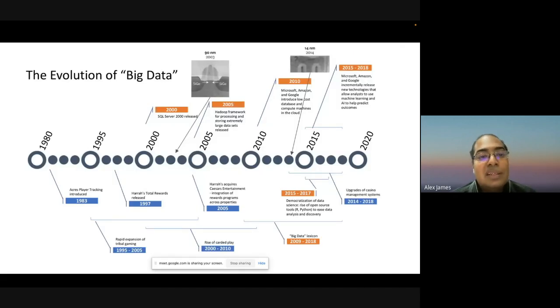Now, if you take an example of technologies like big data, and try to relate it to various things that have happened over the last 3 or 4 decades, you can see one very interesting fact: as the size of the transistors started to decrease, you could see the computing capability of the devices increase in a quite non-linear way.